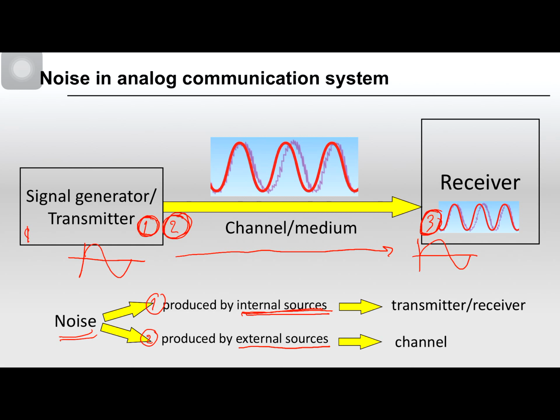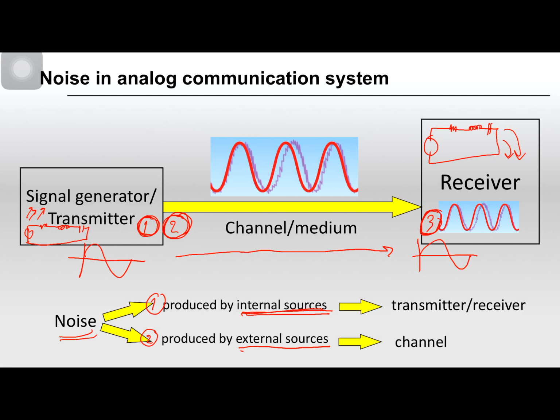Maybe we have an electronic circuit, RLC here, and this circuit can generate the noise to the signal. And maybe here we also have a circuit, maybe low pass filter or band pass filter, or something that can generate the noise.